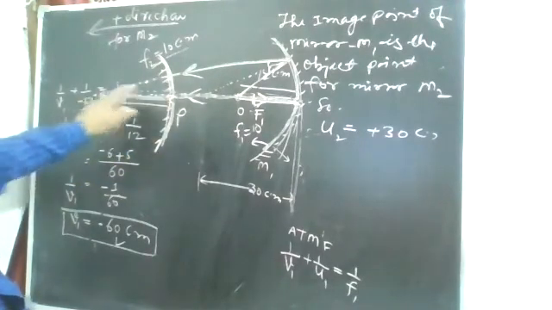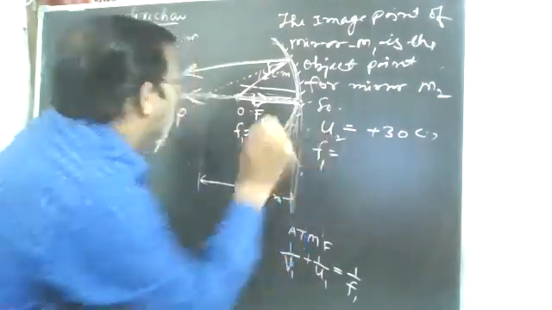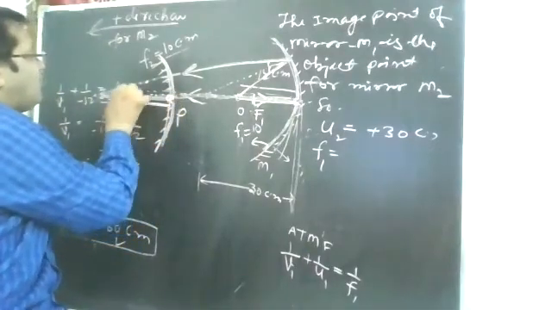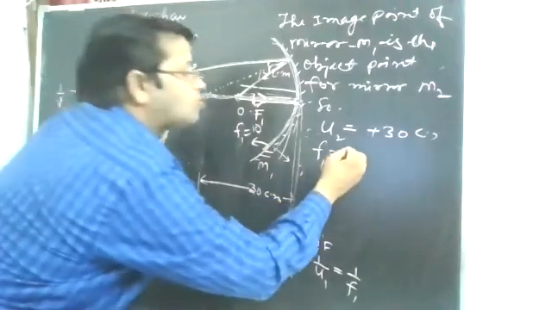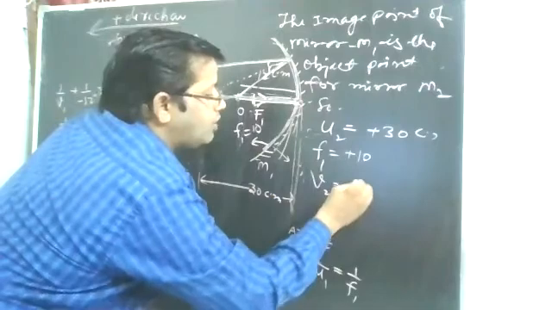That's why this distance is positive. U is positive. What is the focal length? For a convex mirror, the focal length is positive because the focus is in the direction of the incident ray. So the focal length is plus 10. What is the image distance? V2, we have to calculate.